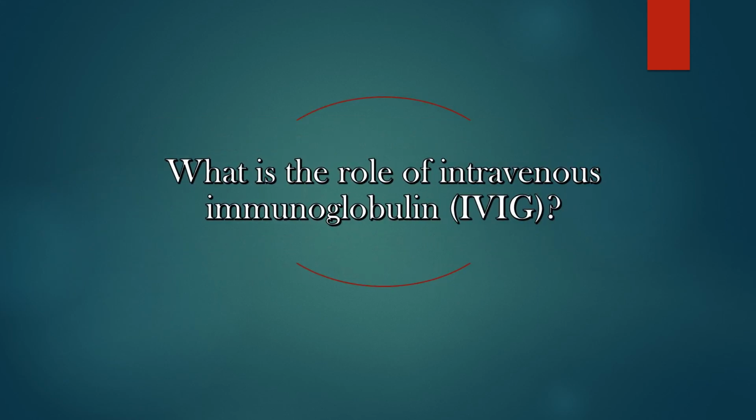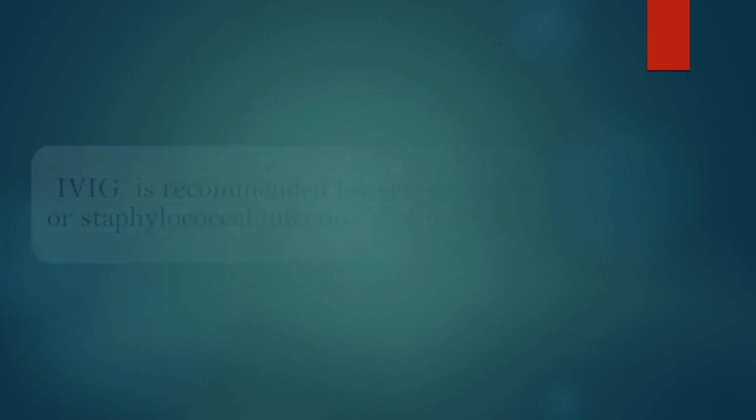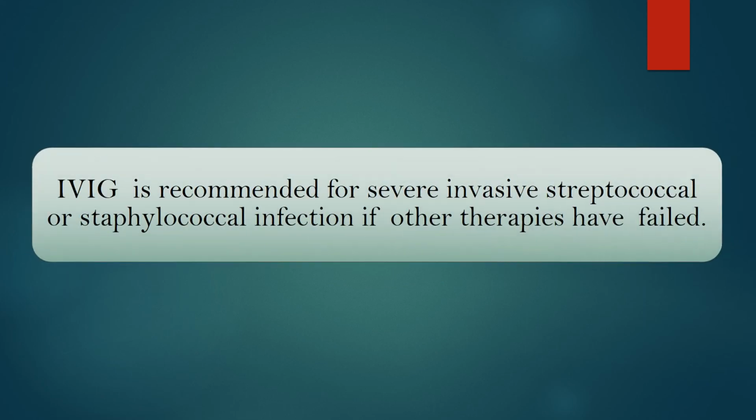What is the role of intravenous immunoglobulin or IVIG? Intravenous immunoglobulin is recommended for severe invasive streptococcal or staphylococcal infection if other therapies have failed.